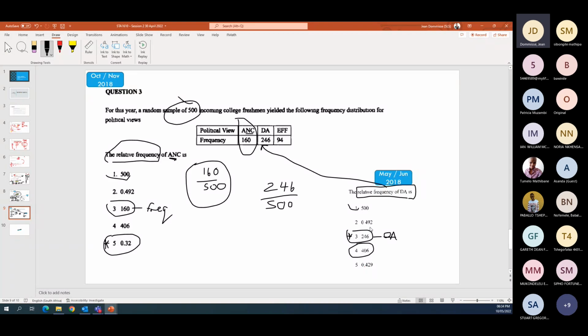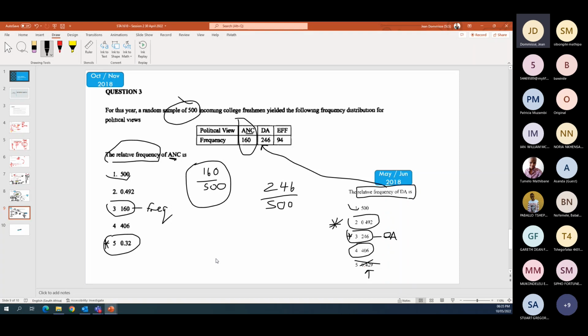So it is 246 divided by 500, which gives you 0.492. And again, how easy to make the mistake with this one. You might start with 0.4 sometimes, and then you see, oh, that was actually very close. They just swapped the two numbers around, but that is then also incorrect.